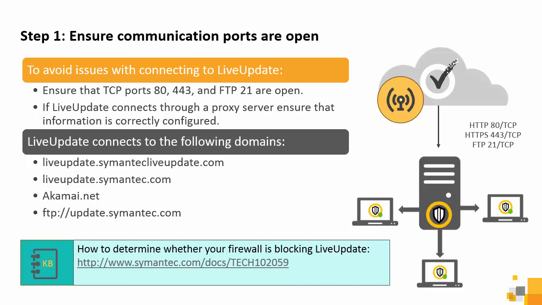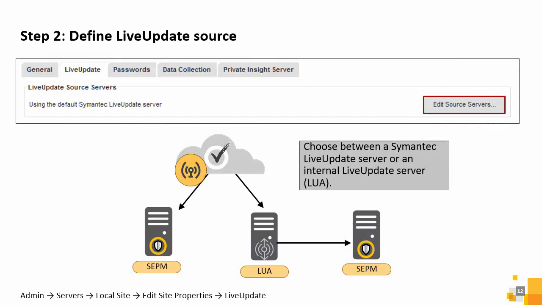The process that connects to the Symantec Live Update servers is lucomserver x_x.exe, where x_x is the Live Update version, for example, lucomserver 3_3.exe. The KB article on the slide provides the required ports and URLs for Live Update.